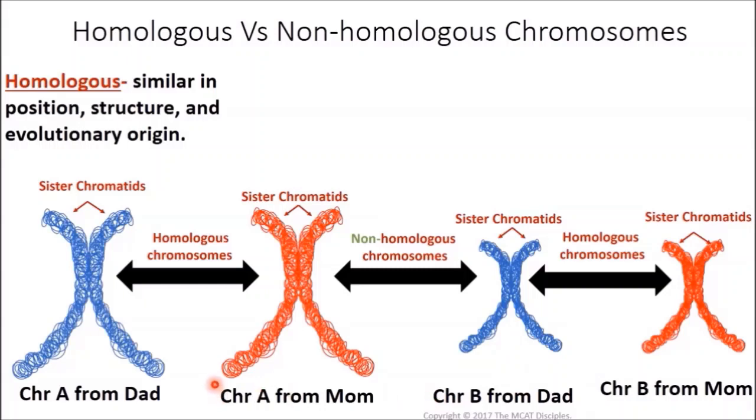Homologous chromosomes are just the same chromosome from a different parent, whereas non-homologous chromosomes are different chromosomes and may be from different parents or from the same parent, just different chromosomes. So if we're thinking autosomes, the chromatids of autosome 1 are sister chromatids, and then the pair are homologous chromosomes, but autosome 1 is non-homologous to autosome 2.